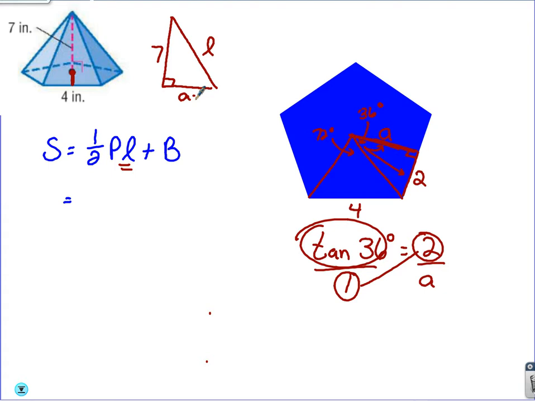So let's go up here and put 2.76 in. In order to find my slant height, Pythagorean theorem: A squared plus B squared is equal to C squared. So 7 squared plus that 2.76 squared is equal to your slant height squared. Square root the other side.